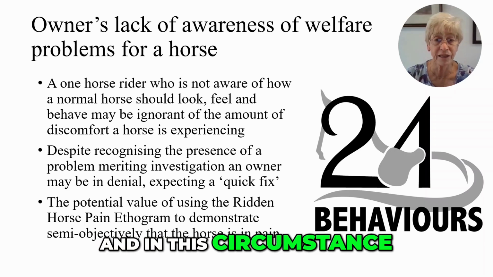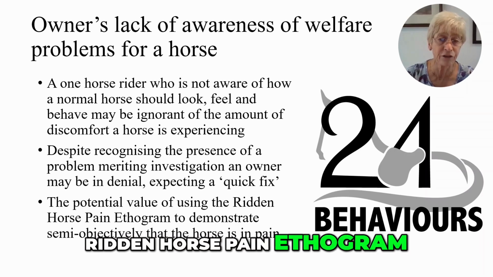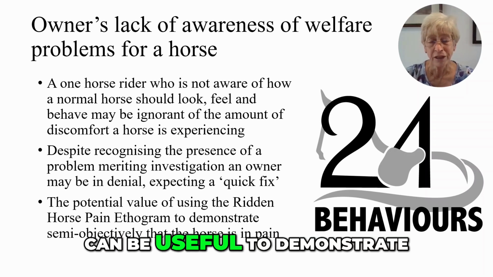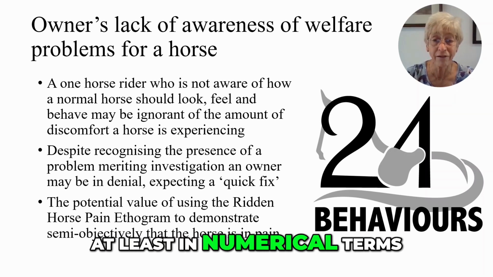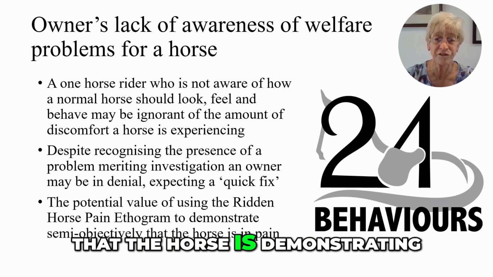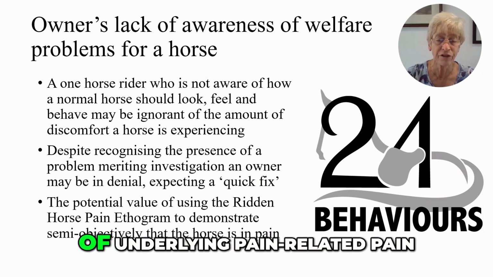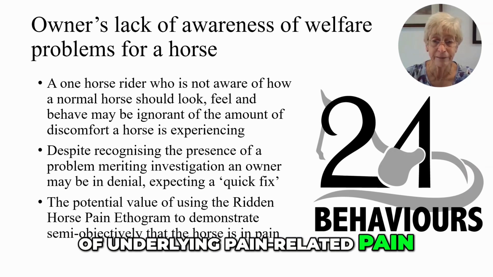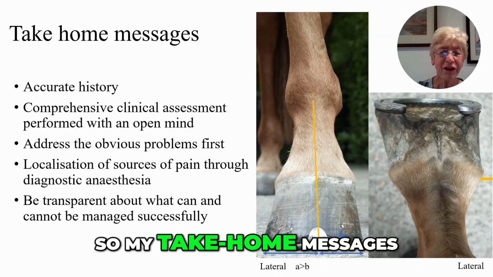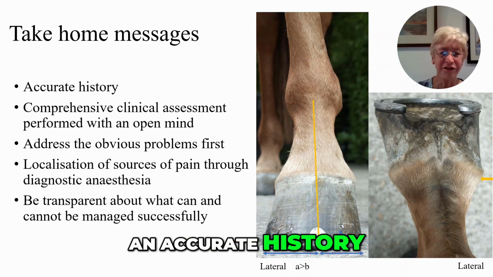And in this circumstance, I think the application of the ridden horse pain ethogram can be useful to demonstrate, at least in numerical terms, the number of behaviours that the horse is demonstrating, which are a reflection of underlying pain. So my take-home messages are that we require an accurate history.